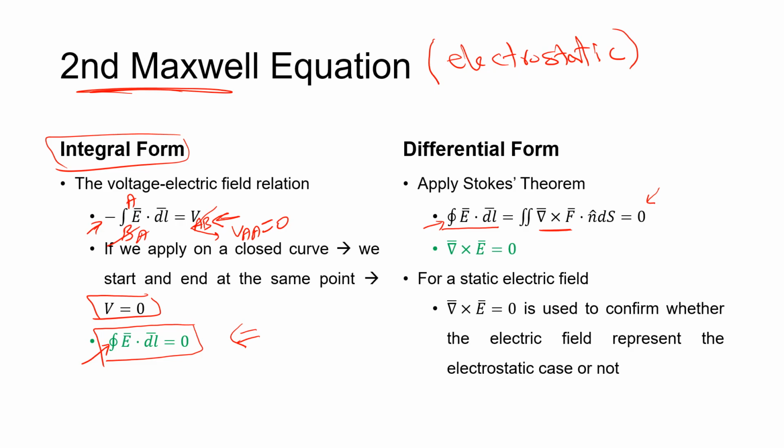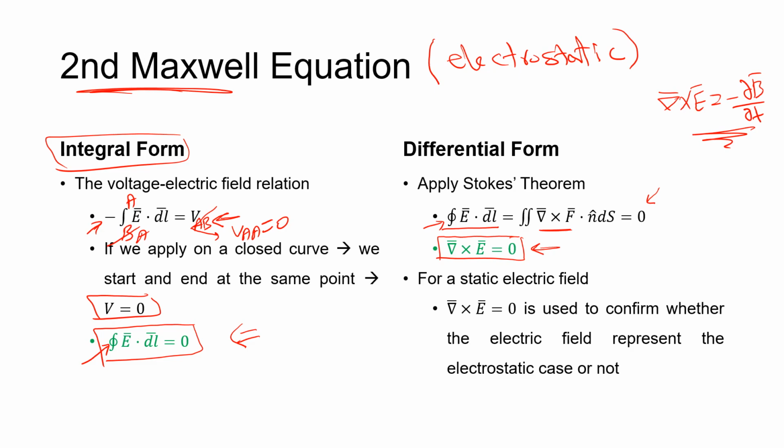Since E is not 0 but the curl can be 0, we can claim that curl E for an electrostatic field is equal to 0. Just for your reference, in electrodynamics this value will be minus partial B by partial t. Anyway, this is not important for now.